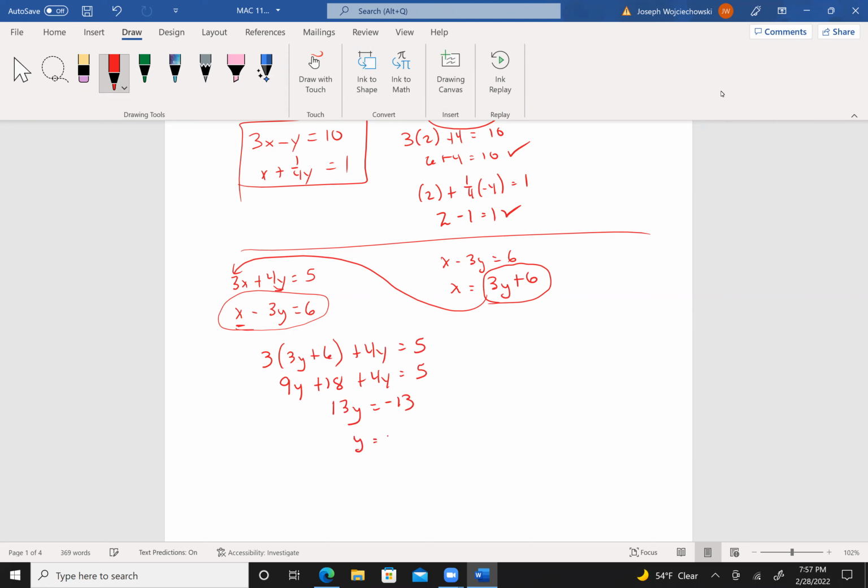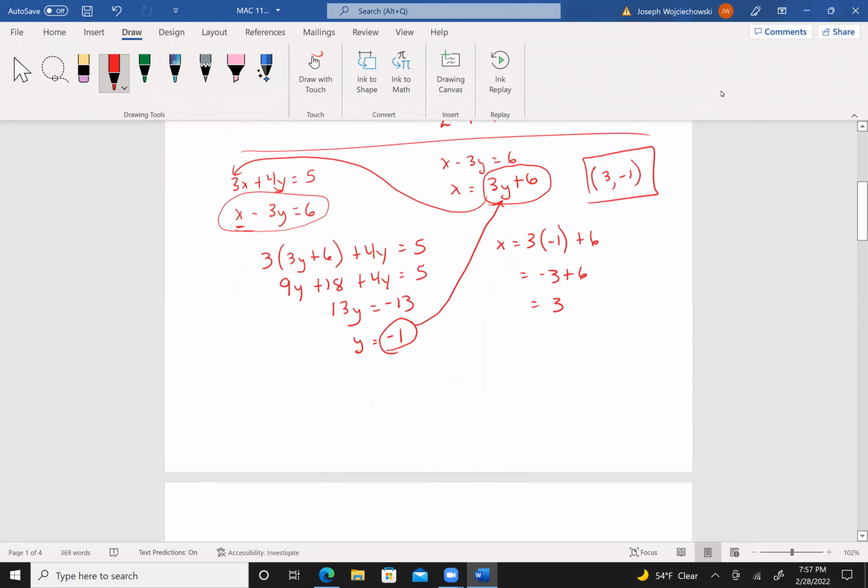So y equals -1. Then I take this value here and plug it in here. So x equals 3 times -1 plus 6, -3 plus 6, 3. So my point is 3, -1. That is my solution, at least what I think is my solution.